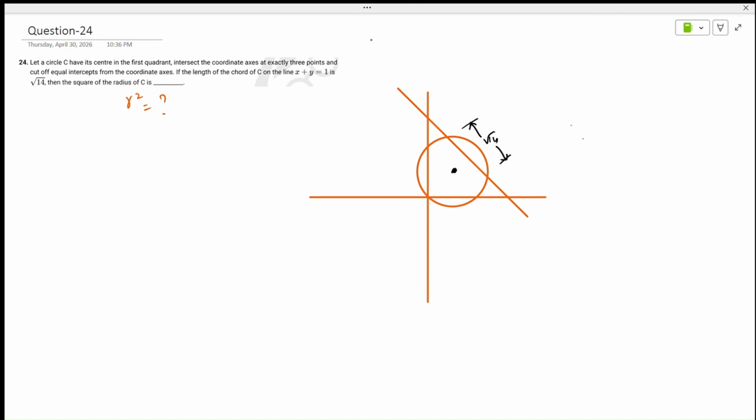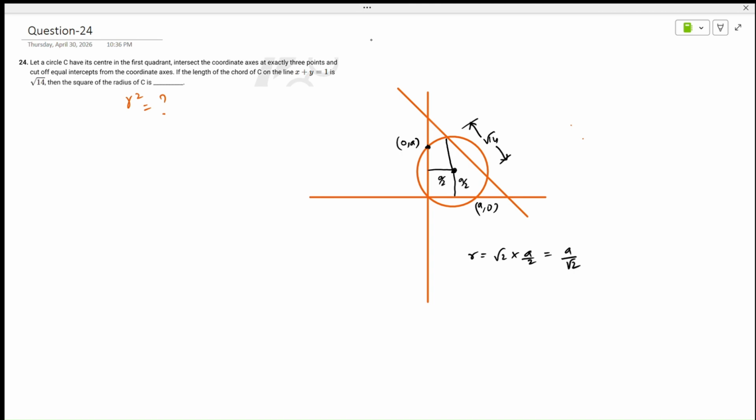So since this is having equal intercepts, let us assume this as 0, a comma 0, and this becomes 0 comma a. So the distance of the center from y-axis is half of this intercept, which is a by 2. And the same thing here, a by 2. So the radius is equal to root 2 into a by 2, which is equal to a by root 2.